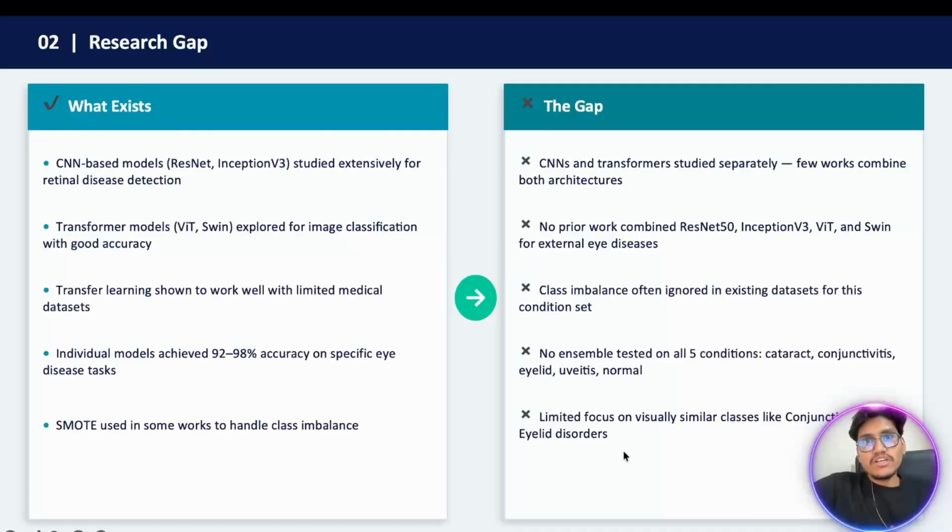For example, conjunctivitis and eyelid disorders can look very similar in photographs, and most individual models struggle to tell them apart. This gap, the absence of a combined CNN and transformer ensemble for all five external eye diseases, is exactly what this paper addresses.